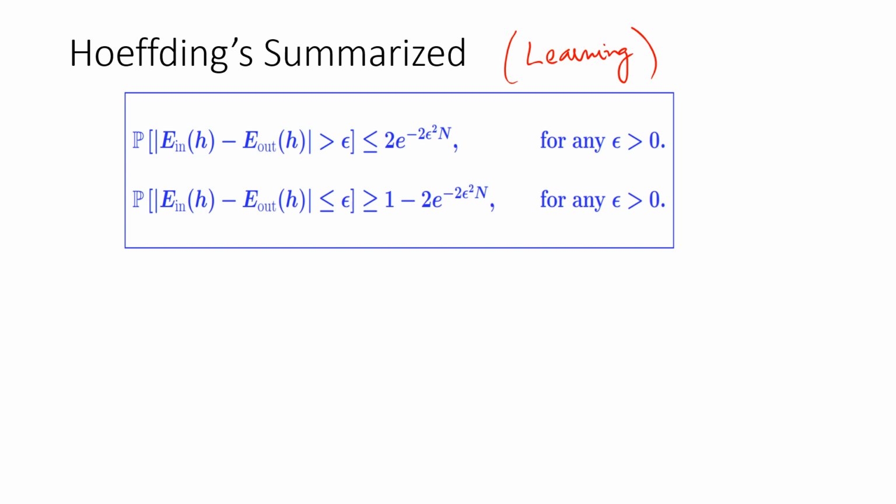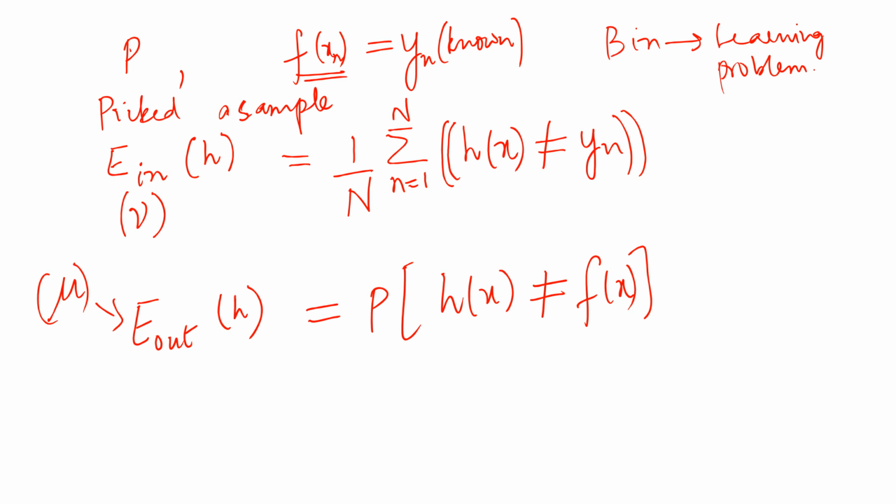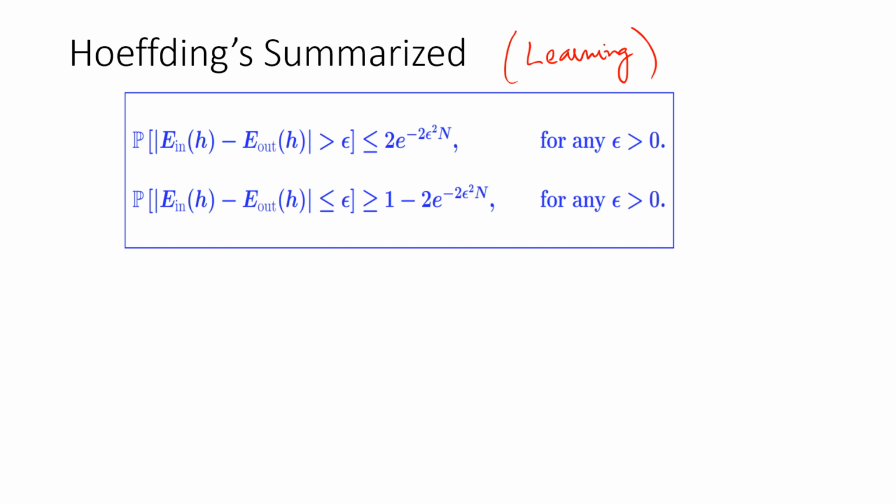As I said, this is analogous to nu and this is analogous to mu. So that's how the Hoeffding bound changes for both the cases that we had earlier, the good and the bad, if you remember.